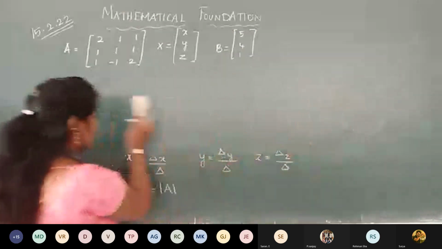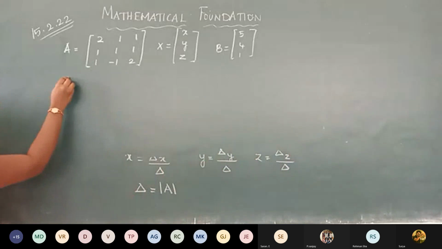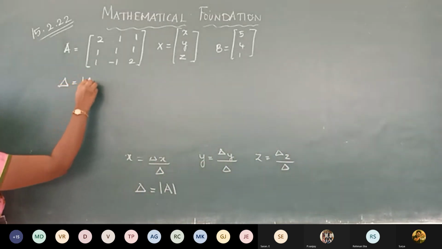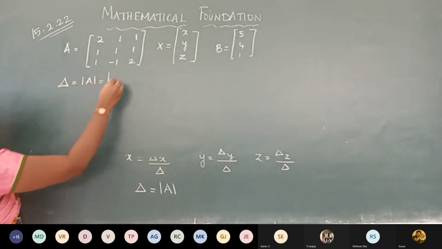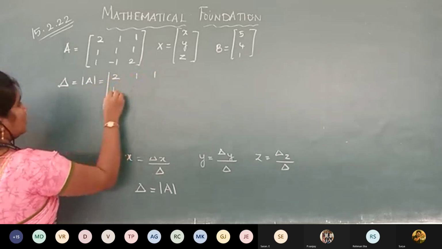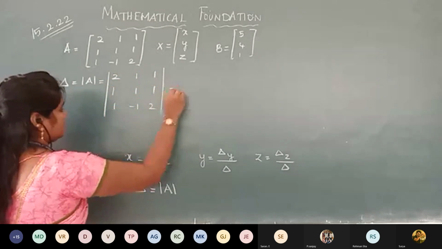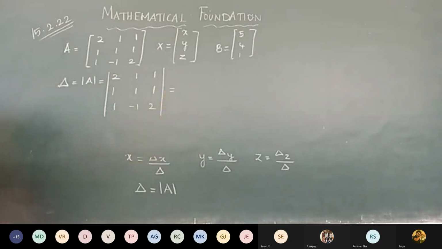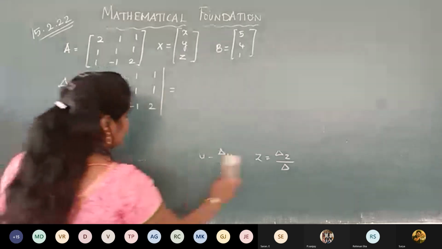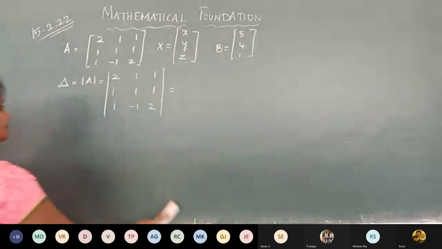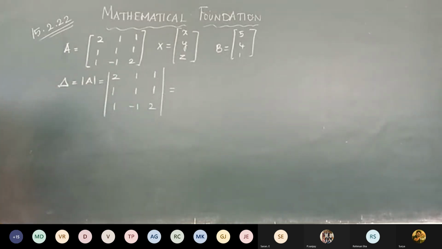Now the first step is to find out your delta. Delta is nothing but your determinant of A. So find out the determinant 2, 1, 1, 1, 1, 1, 1, minus 1, 2. So what is your delta?